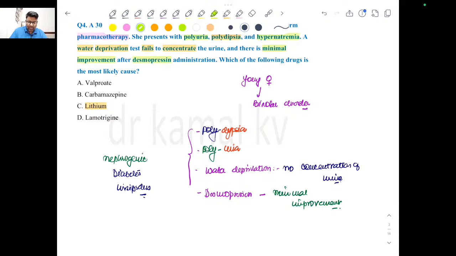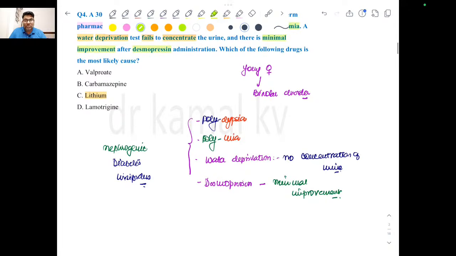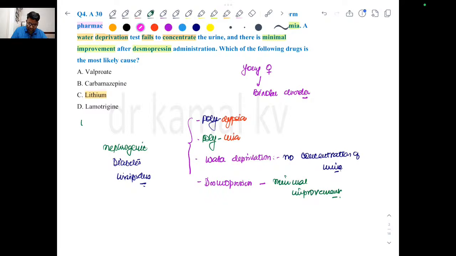where ADH is secreted in the normal amount, but lithium makes the collecting duct insensitive to ADH. So despite having normal ADH, there is no concentration of urine.